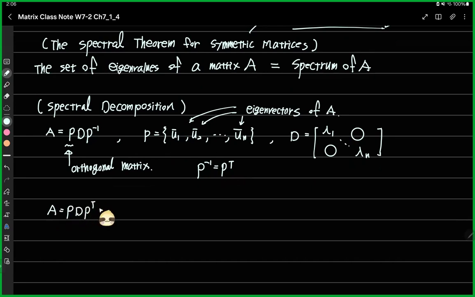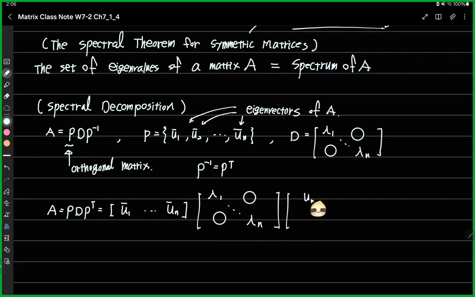So PDP transpose is equal to U1 through UN, right? This here is interesting. Times lambda 1 through lambda n, with zeros elsewhere, right? And then P transpose is going to be what? U1 transpose, U2 transpose, through UN transpose.